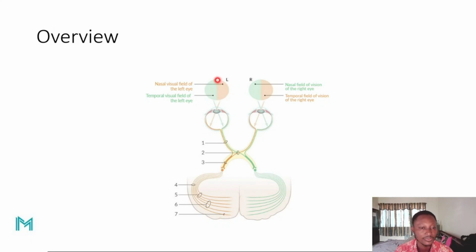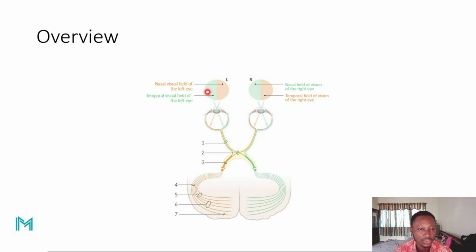We see that this is the visual field. This is a representation of the visual field, a circular area which is shaded in different colors, and this is because light from these different areas is perceived by visual receptors in different parts of the retina.